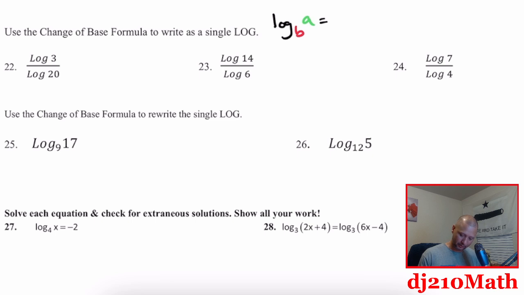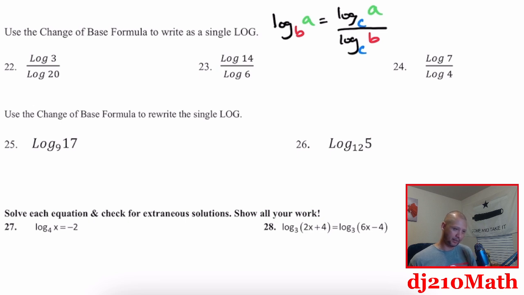So this is going to be log base C, some new base that we can make up. Typically we use 10. Log base C. Now watch. The A goes up. The lower number B goes down.